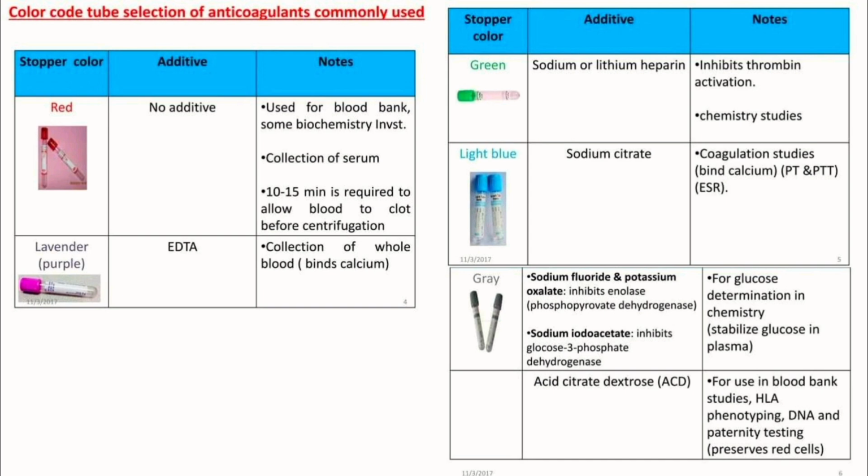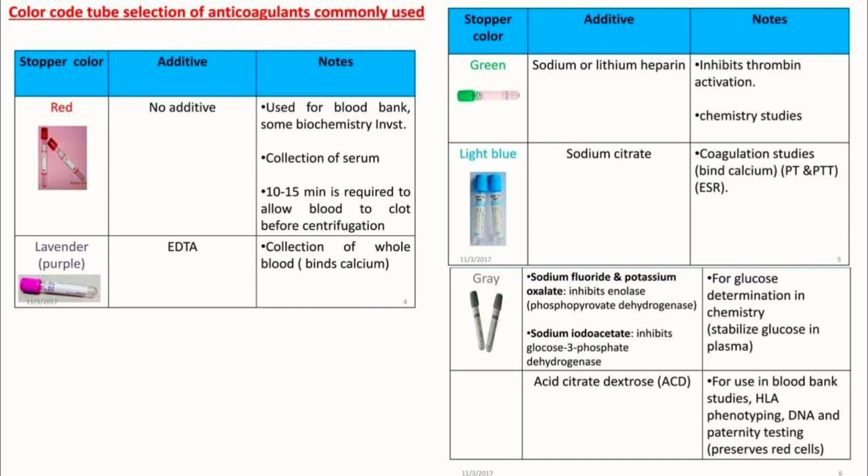Then lavender or purple cap: the anticoagulant is EDTA, for collection of whole blood. It acts by calcium chelation. And then green top tube: sodium or lithium heparin. It inhibits thrombin activation and is used for chemistry studies.